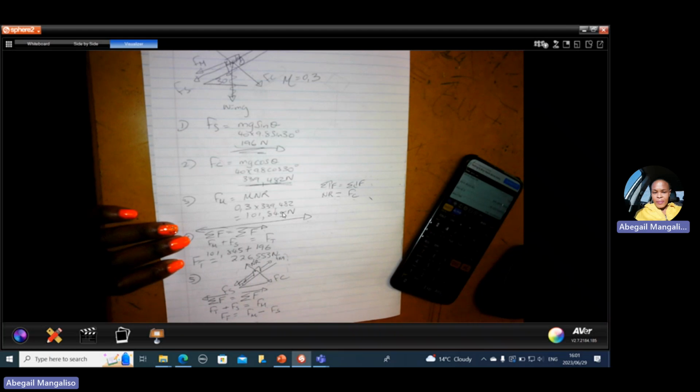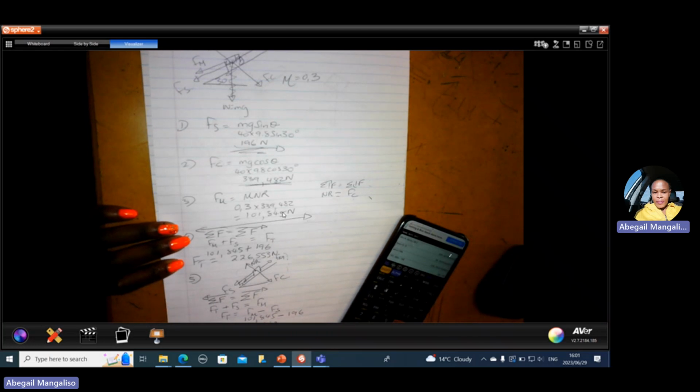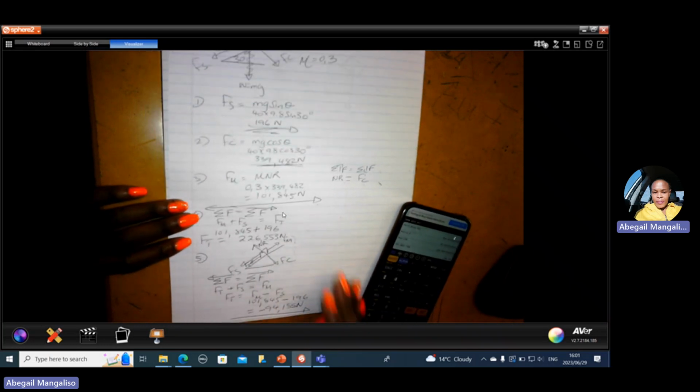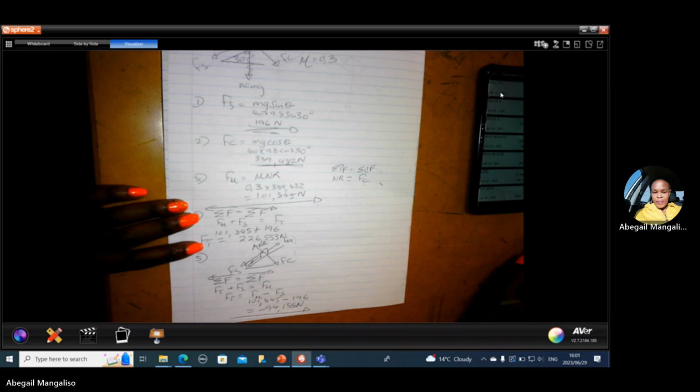You substitute: 101,845 minus 196. So we are going to get a negative answer here. The answer is negative 94,155 newtons. So the negative answer shows that this object can slide on its own. We didn't need a force to pull it down. Thank you.